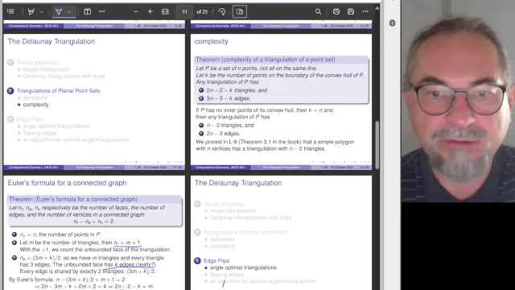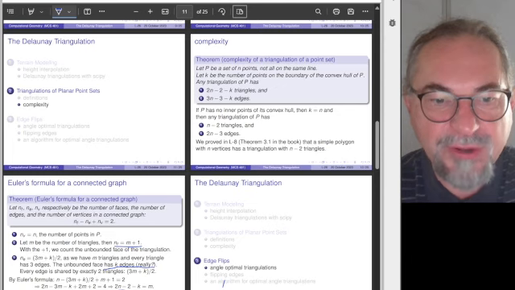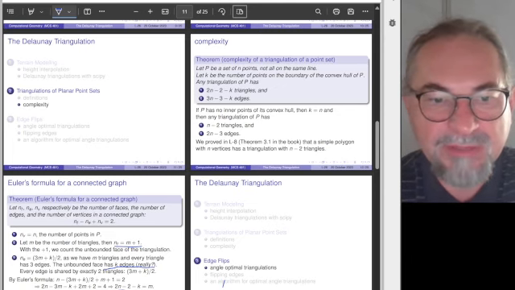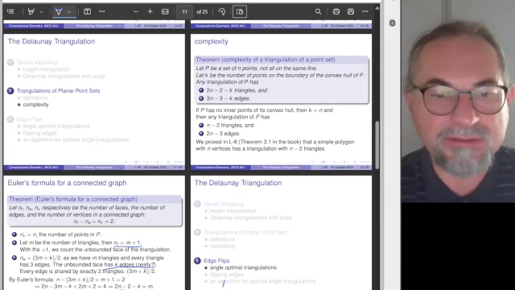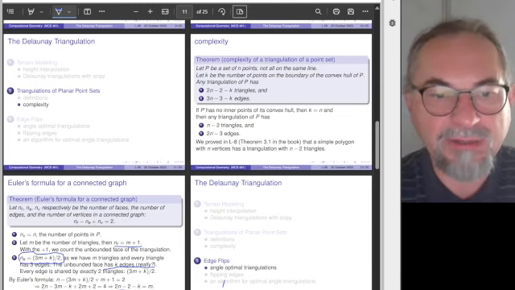The number of triangles equals m. And then we wanted to prove that the number of edges is 3n minus 3 minus k. And that follows via a simple substitution using this formula here. So once we have m, we can plug in the m, and then we have the number of edges.